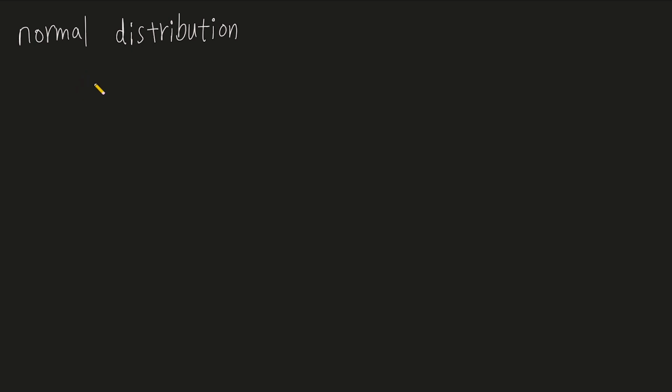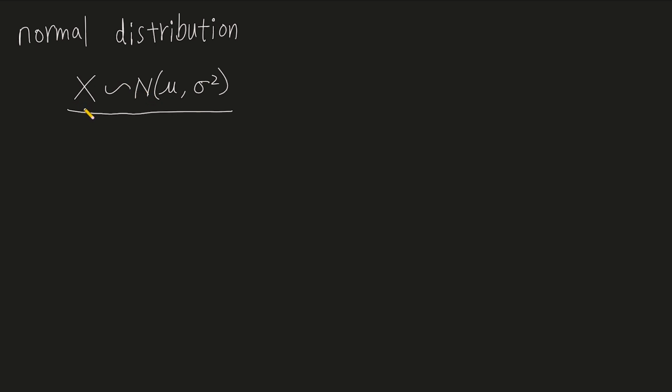We use the expression X follows normal distribution with mu and sigma squared to express that a continuous random variable follows a normal distribution.